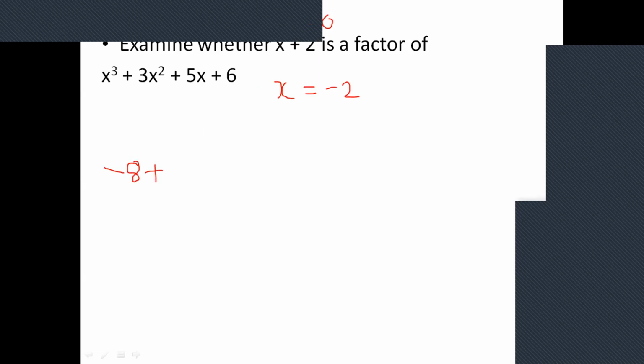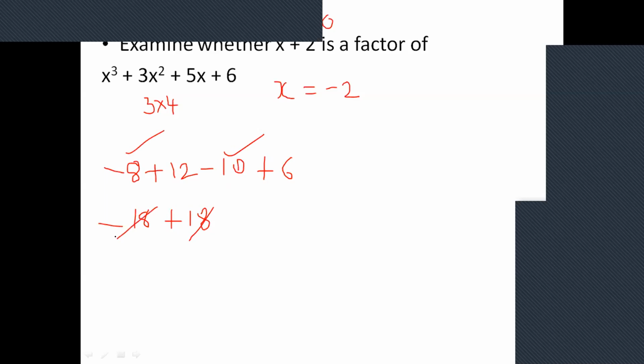Then 3 into minus 2 into minus 2 gives you 3 into plus 4, so you get 12. Then you have 5 into minus 2, which is minus 10, and then you have plus 6. What is your answer? Adding the minus terms, you get minus 18. Adding the plus terms, you get 18. So it cancels.